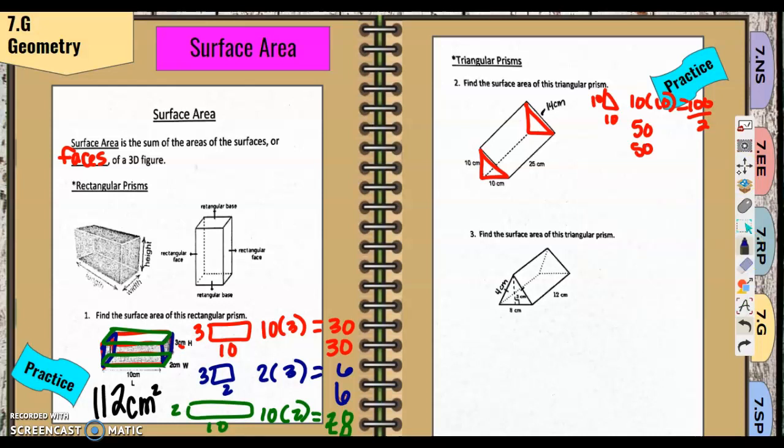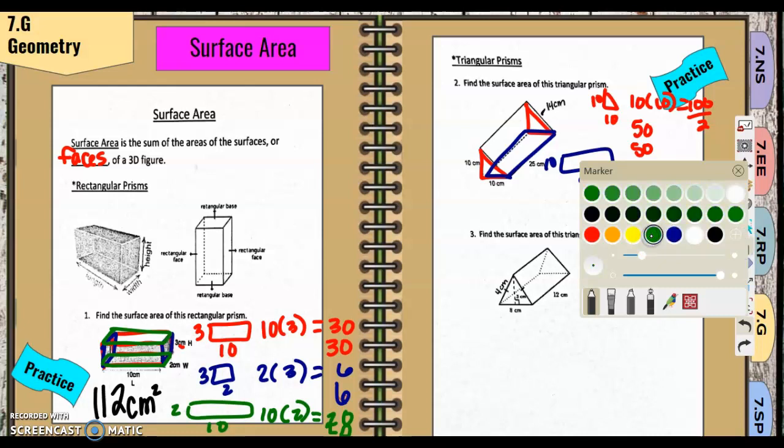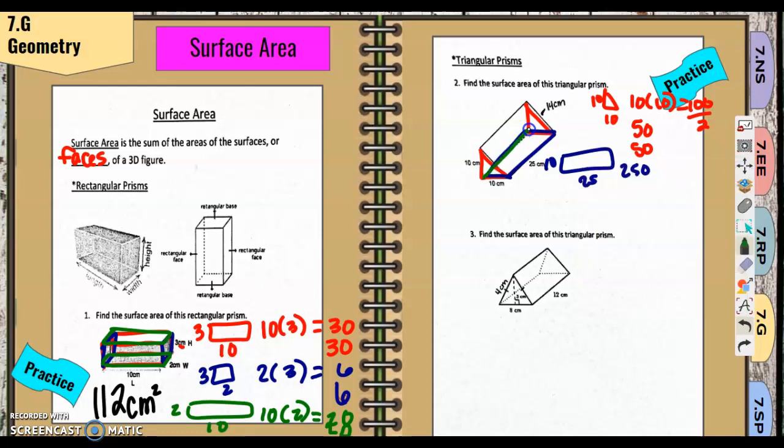Then I'm going to multiply by the height of the prism. The height of the prism is the line that connects the 2 bases. So 25 is the height of this prism. I'm going to multiply that by each side of the triangle. So 25 times 10, that's 250. 25 times 10 again, because this is an isosceles triangle, which is again 250.